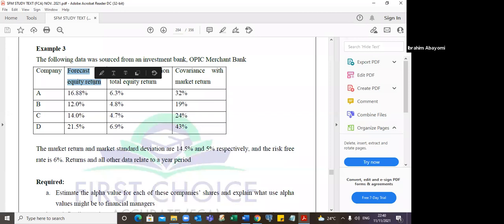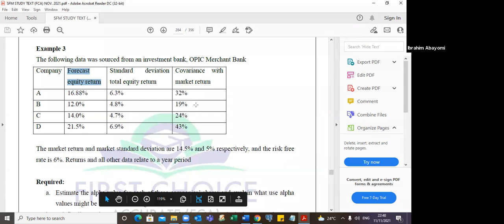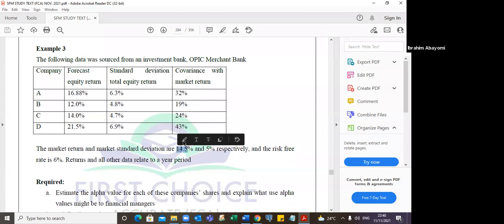We need to calculate required return using CAPM. Look at it. We have the market return and the market standard deviation. This is the market return. This is the market standard deviation. So what will I do? Do I have correlation?